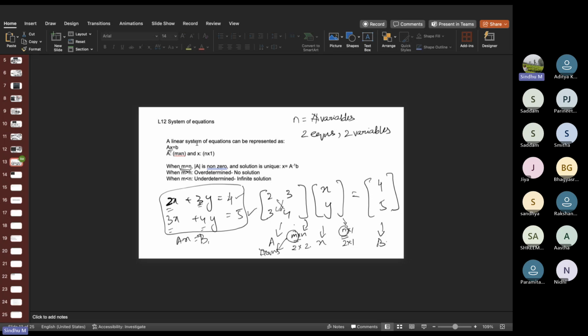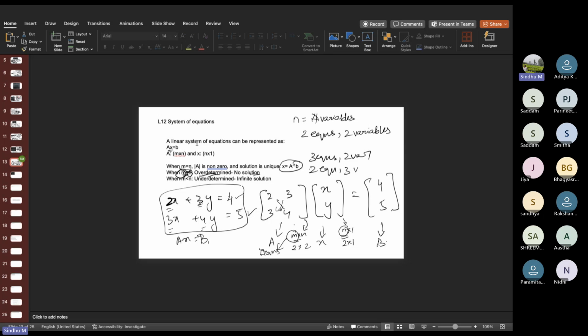But when m is greater than n, or if we have fewer variables and more equations, then it is overdetermined and we are unable to solve it. So we won't have any solution. For example, if you have two equations and three variables, here you won't have any solution.